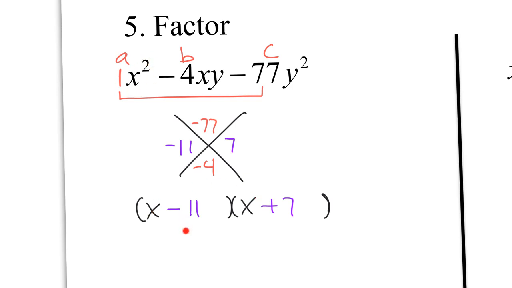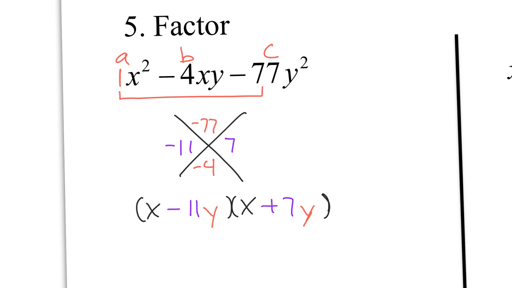If you multiply negative 11 times 7, that's going to be negative 77, but we need the y squared. So what that means is we need the y next to the 11 and the y next to the 7. If you guys put the y there, negative 11y times positive 7y, that's going to be negative 77y squared. Y times y is a y squared.